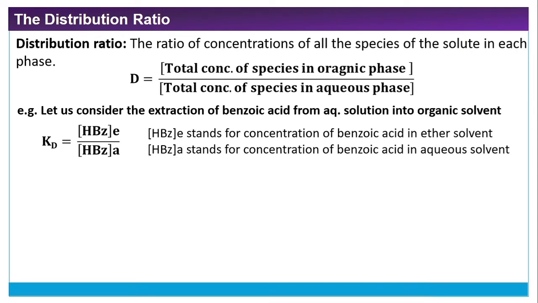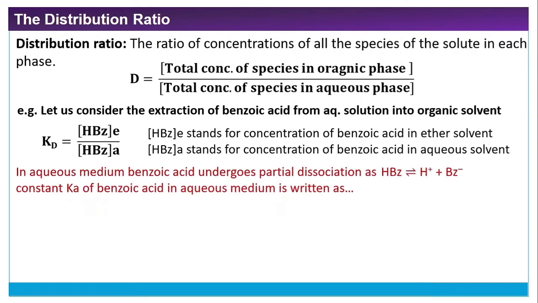Here HBz(E) stands for the concentration of benzoic acid in ether, while HBz(A) stands for the concentration in the aqueous solvent. In aqueous medium, benzoic acid undergoes partial dissociation, being partially soluble, so HBz at equilibrium gives some H+ and some benzoate ion.